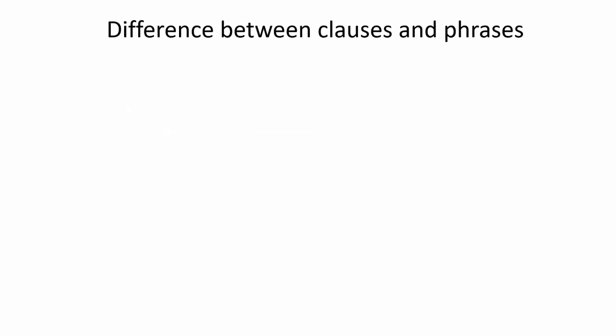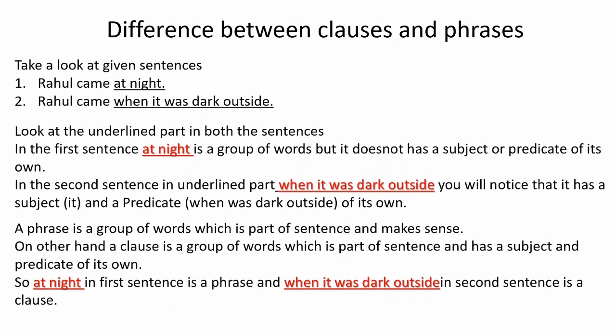Difference between clauses and phrases. Sometimes we get confused between clauses and phrases and even mix them both, so it is very important to clear that confusion. Take a look at the given sentences. Rahul came at night. Second, Rahul came when it was dark outside.